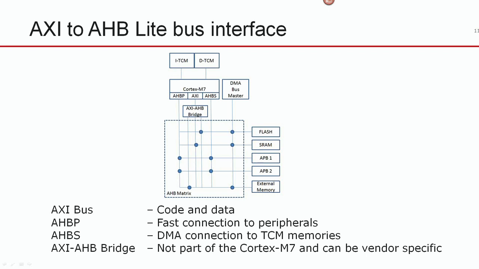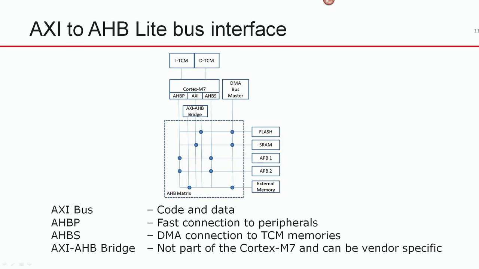In addition to the AXI bus, there's also a separate peripheral bus, the AHB bus, which is optimized to access the on-chip peripherals. So this will again talk to the AHB bus matrix, which is the same as is used in the earlier Cortex processors, and allow us direct access to groups of user peripherals which are sitting on the advanced peripheral buses.